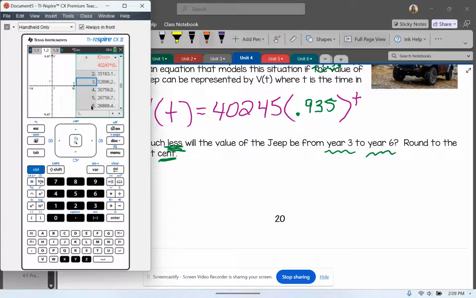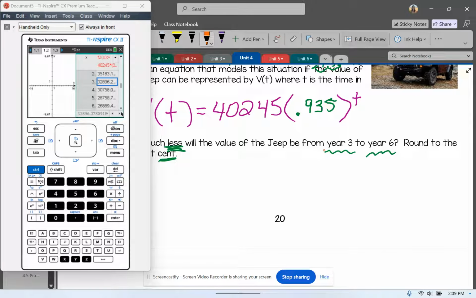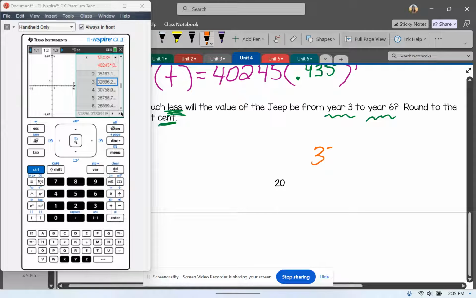Here's year 3, here's year 6. It's being cut off a little bit, so we want to get these numbers that are down below here. So when I go to my paper, I'm going to write 32896.27809.